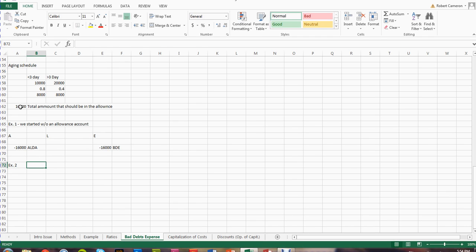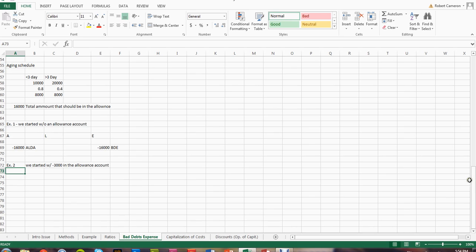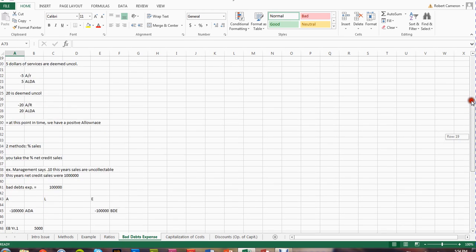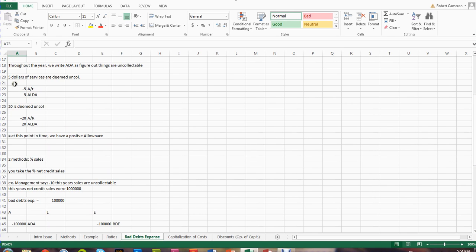Now, let's say, though, we started with a natural negative 3,000 in the allowance account. That means that last year we estimated some bad debts expense and some allowance, and then throughout the year we took away from the allowance as we figured out specific things were uncollectible.